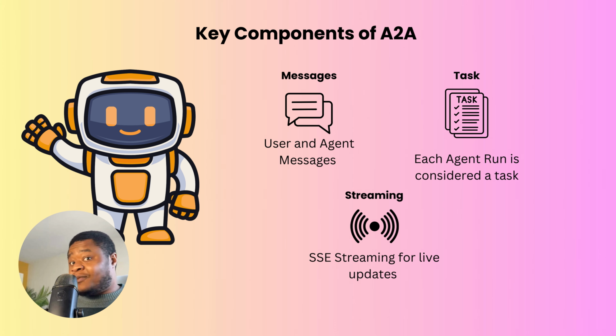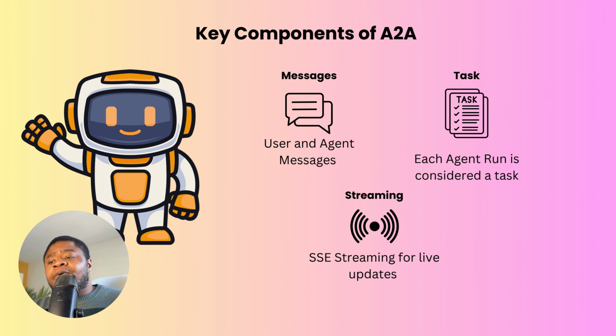There are multiple things that happen within a run, and what Google A2A is trying to do is help you manage all of that. So you don't have to think about what callbacks you need to write a function for, or how to handle streaming, these types of things. They want to do all of that for you and abstract it away, so you just focus on bringing the functionality of your agent to bear.